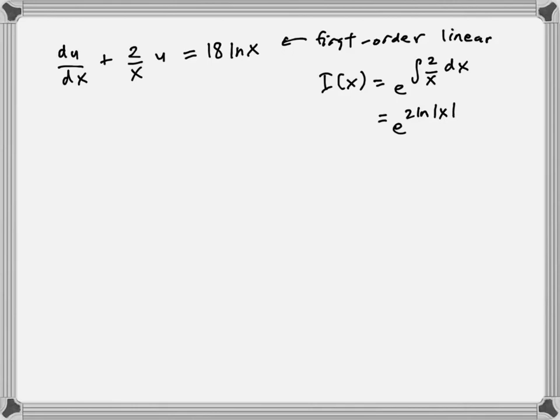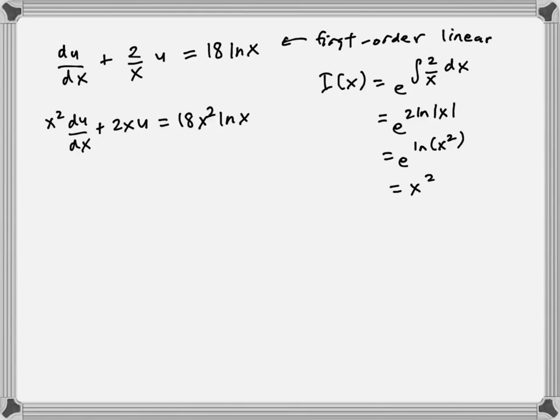I didn't need the absolute value because x is positive, but this is e to the natural log of x squared, which is just x squared. So I'm going to multiply this whole thing by x squared. I get x squared du/dx plus 2xu is equal to 18x squared natural log of x.